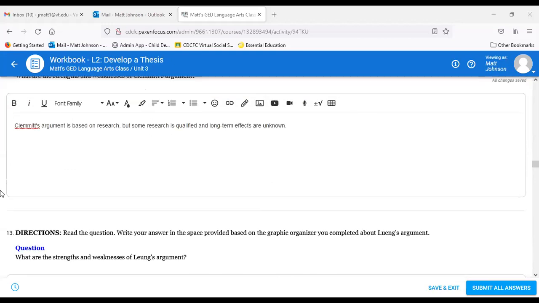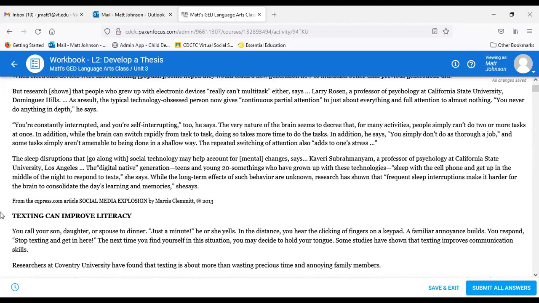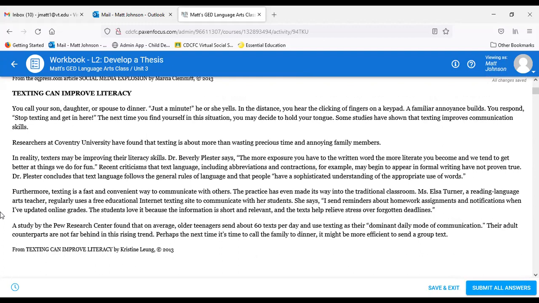She has evidence based on research, and that would be the strength. What might be a problem as far as a weakness here? Well, how does she frame her overall idea? What does she lead with and conclude with? That might make it problematic.